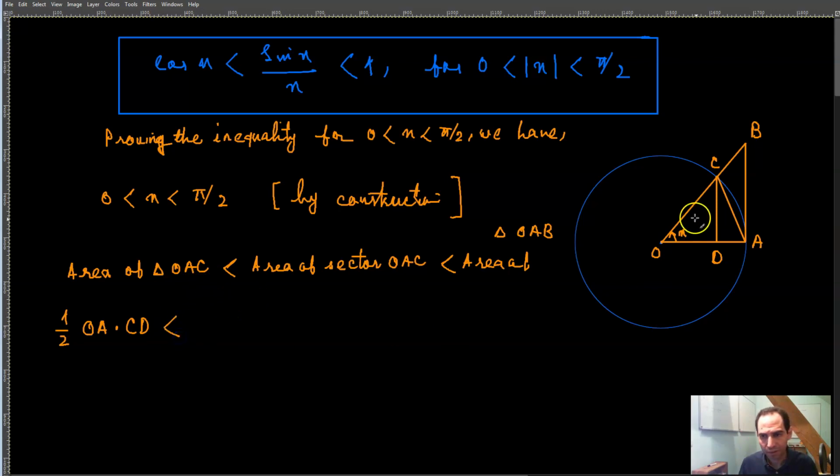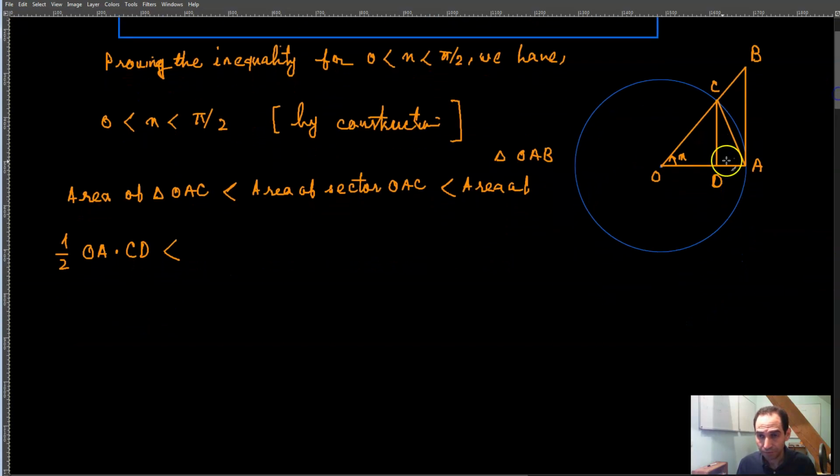And the area of this sector OAC is x divided by 2 pi radians times the whole area of the circle.